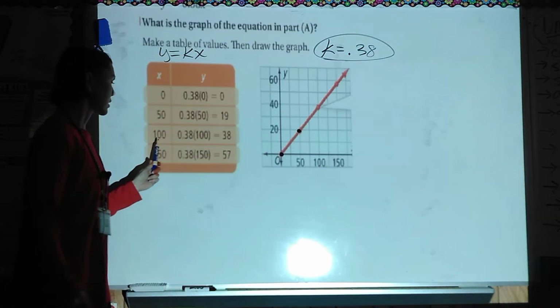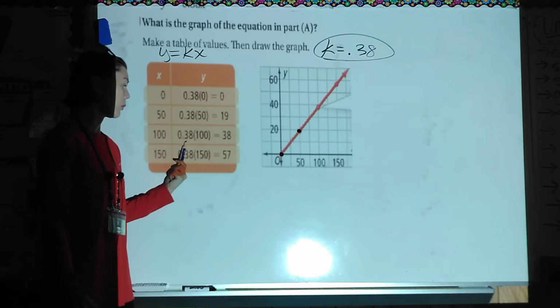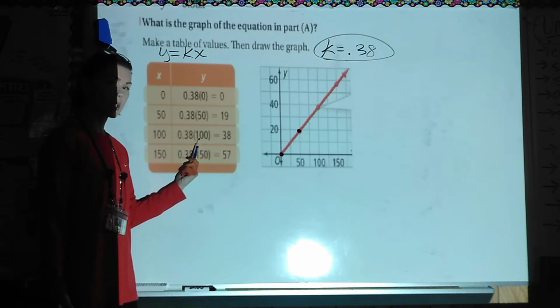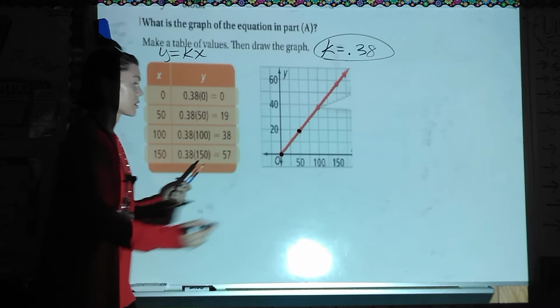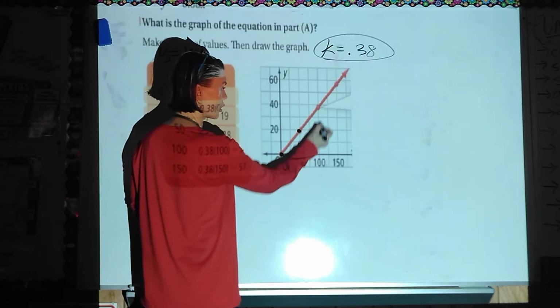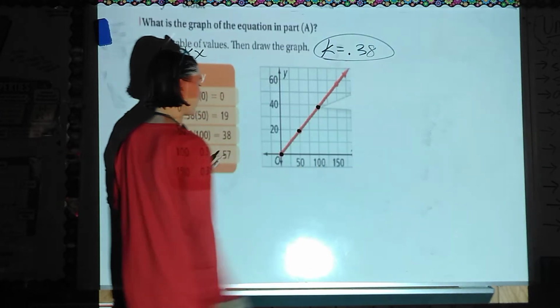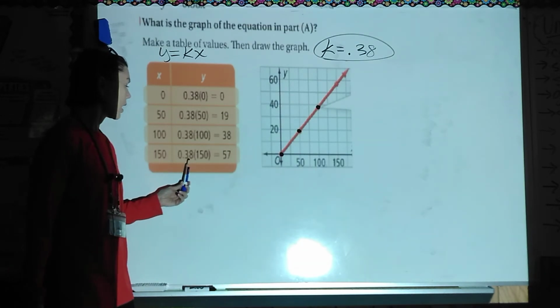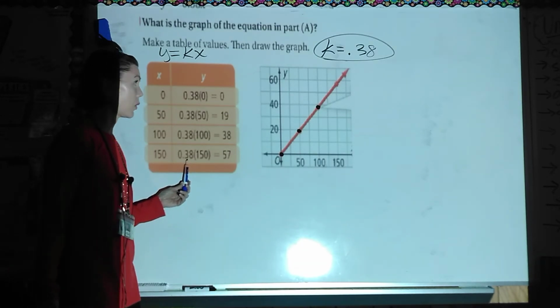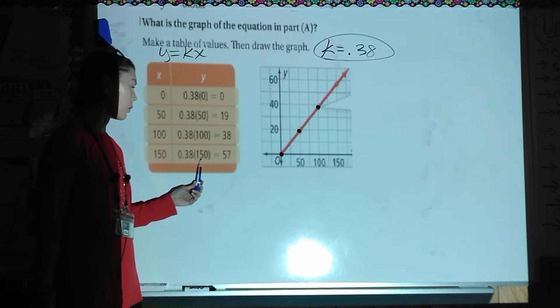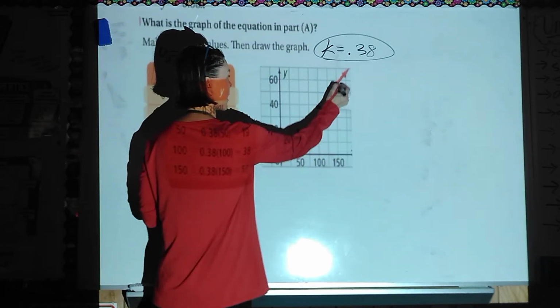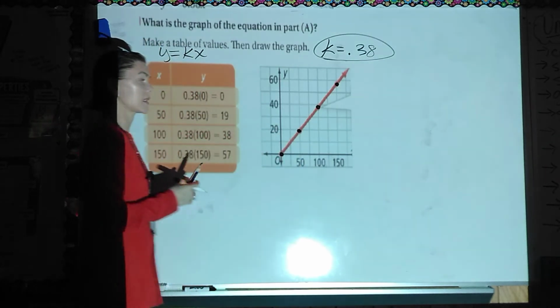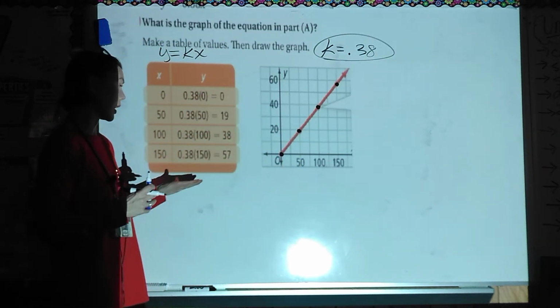When your x is 100, 0.38 times 100 is 38. When your x is 150, take your constant, 0.38, multiply it by 150, and it gives you 57. Then you connect the dots, and that's how we got the points on the graph.